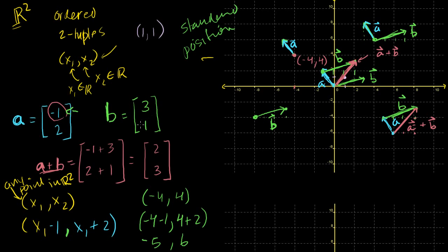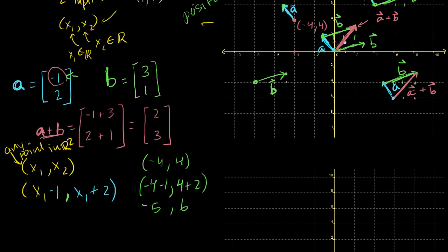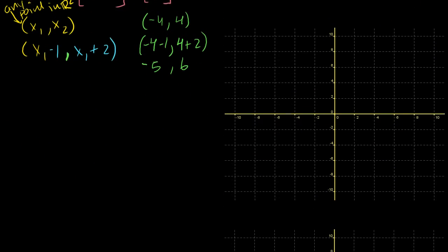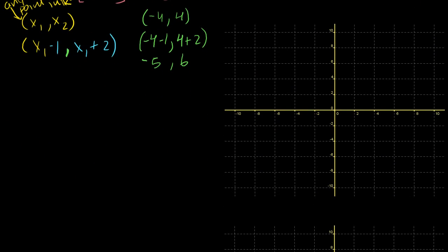Now let's think about what happens when we scale our vectors, when we multiply them by some scalar factor. So let me pick new vectors. Those have gotten monotonous. Let me define vector v, v for vector. Let's say that it is equal to 1, 2.